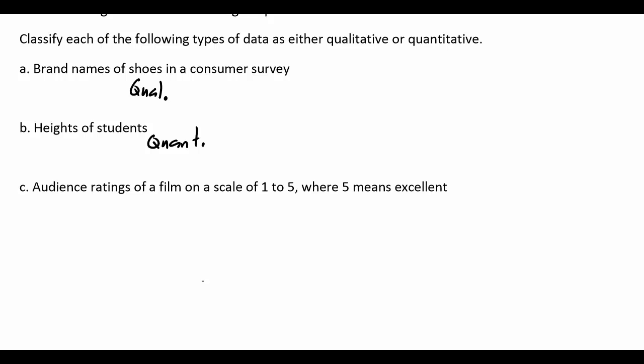But if I limit you to the number choice, now you're going to give me a 1, 2, 3, 4, or 5. So even though you're giving me a numerical measure, you're not actually giving me a number, you're giving me a number that equates to a word or verbal phrase. So this actually fits back into what's called the qualitative data rather than the quantitative data.